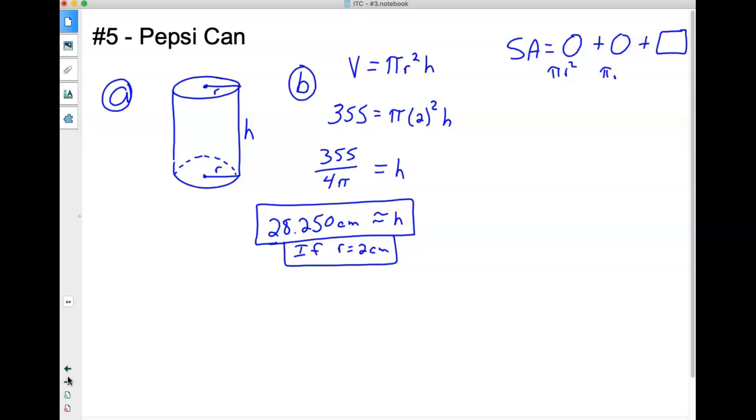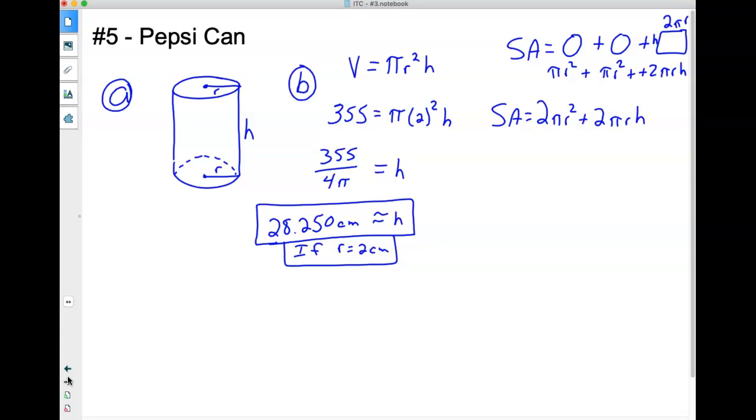There's another pi r squared, plus, if you cut the top and bottom off and slice it up, the length is going to be the circumference of that circle, so 2 pi r, and then there's my height. So plus 2 pi r h. So the surface area of a can is 2 pi r squared, because it's two bases, plus the lateral area. And there we got it.